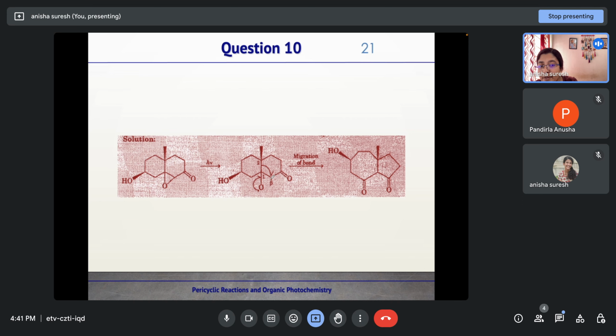This bond will be breaking, leading to the formation of this radical. Now what will happen when this is recombining?